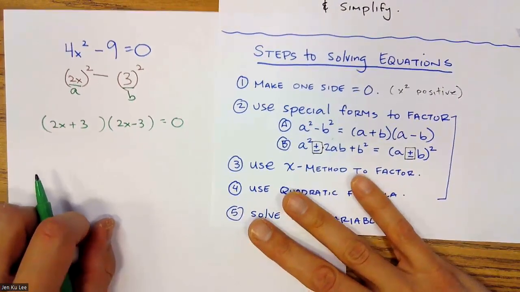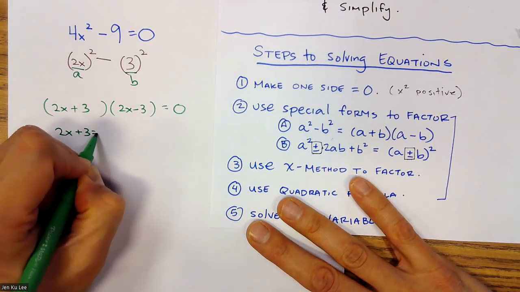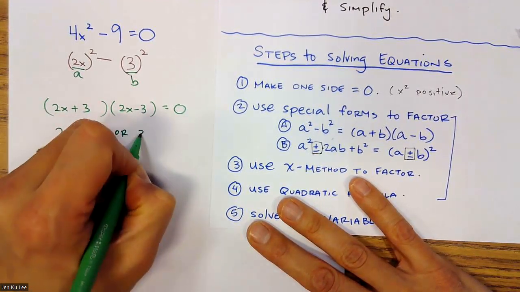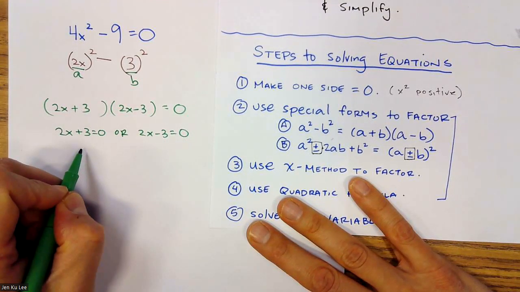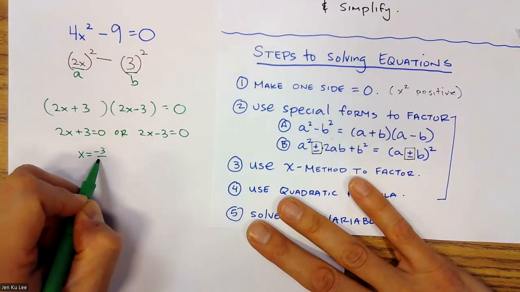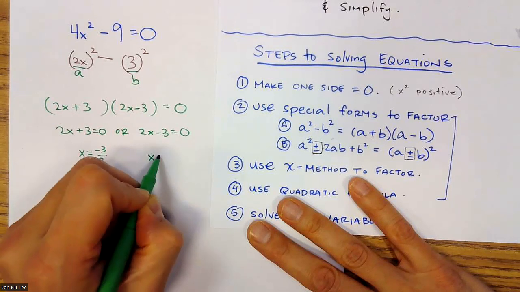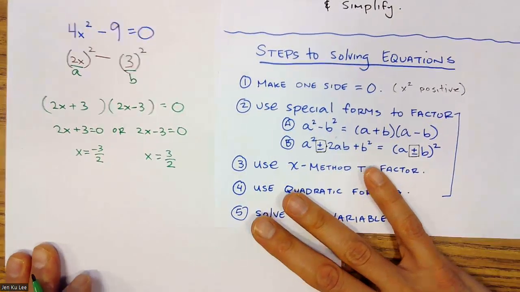Pretty simple. So 2x plus 3 equals 0, or 2x minus 3 equals 0. And then we just go ahead and solve it. If you solve this one, x is going to equal negative 3 halves. If you solve this one, x is going to equal positive 3 halves. Okay?